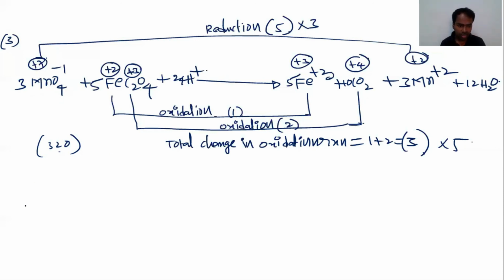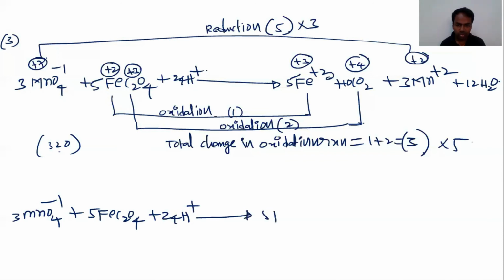So first write the overall reaction here: 3 MnO4⁻ plus 5 FeC2O4 plus 24 H+. It forms 5 Fe3+ plus 10 CO2 plus 3 Mn2+ plus 12 H2O.